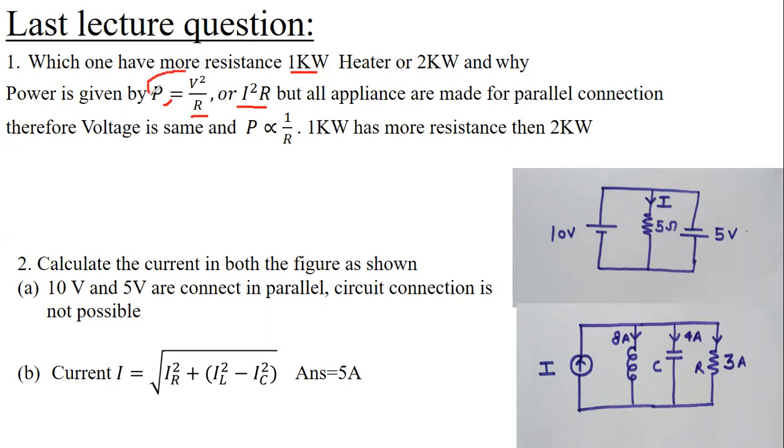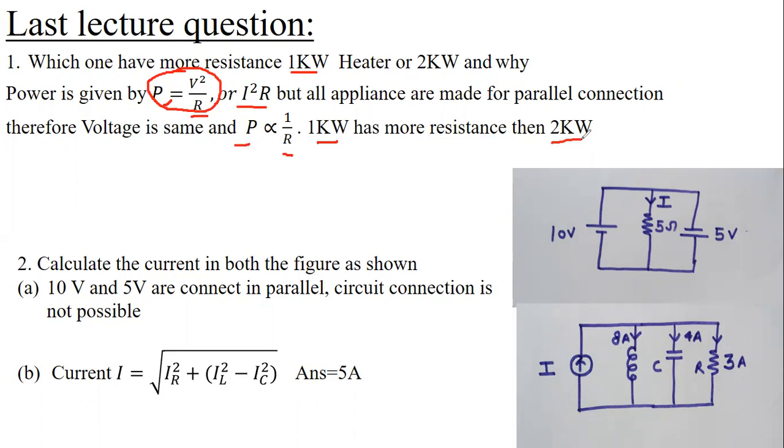So we always use the formula P equal to V square upon R, and when V is constant for all the devices, P is inversely proportional to R. So the 1 kilowatt heater always has more resistance compared to the 2 kilowatt heater.